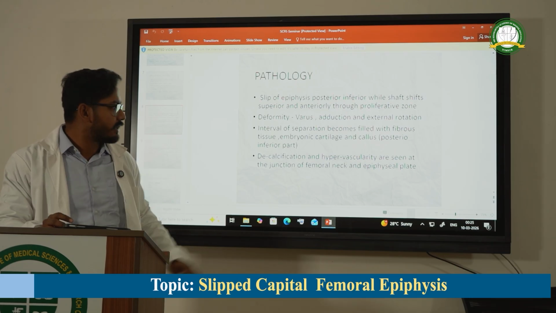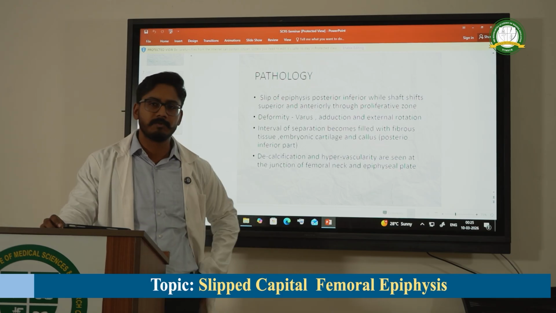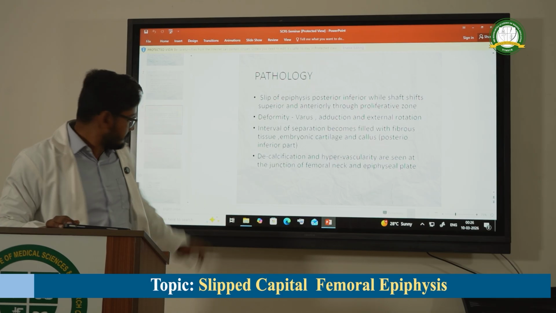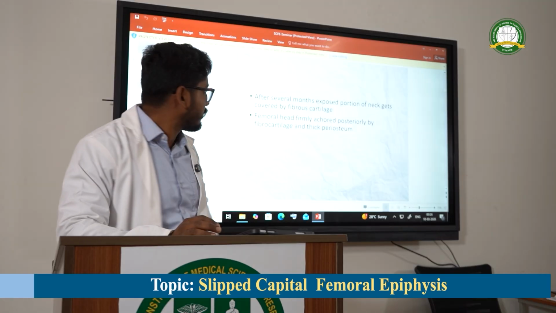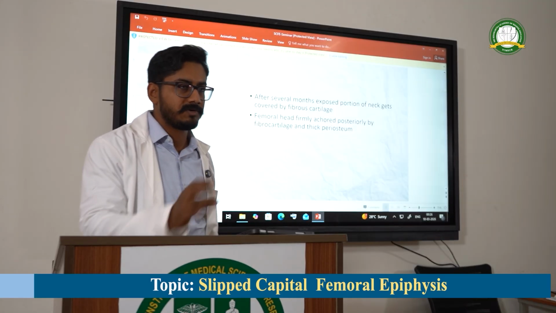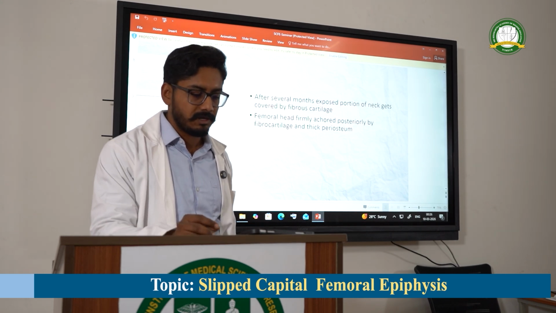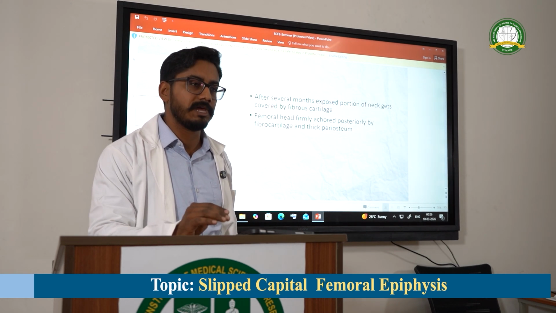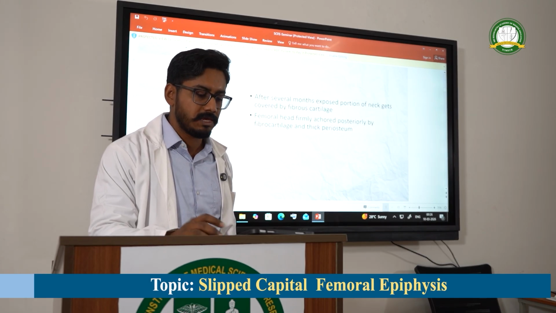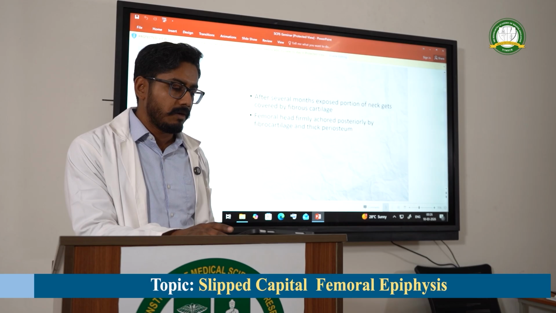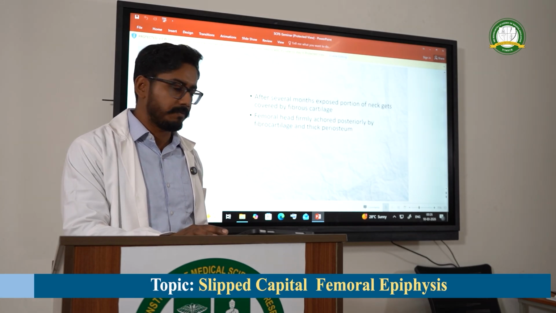Decalcification and hypervascularity are seen at the junction of the femoral neck and epiphyseal separation. After several months, the exposed portion of the neck, after the slip of the epiphysis over the neck, will be covered with fibrocartilage. The femoral head is firmly anchored posteriorly by fibrocartilage and thick periosteum.